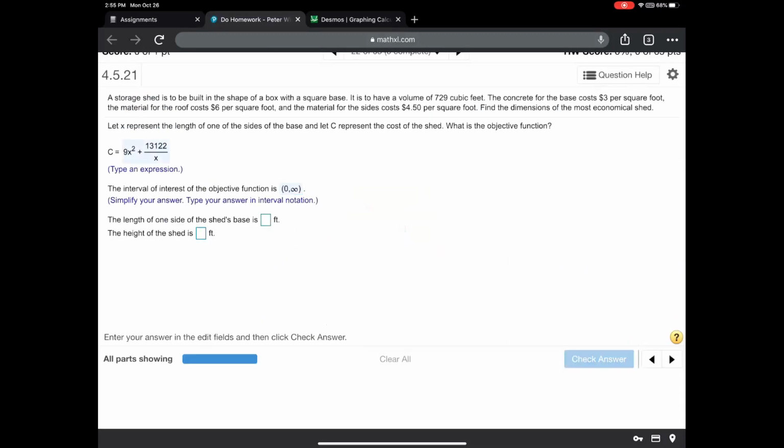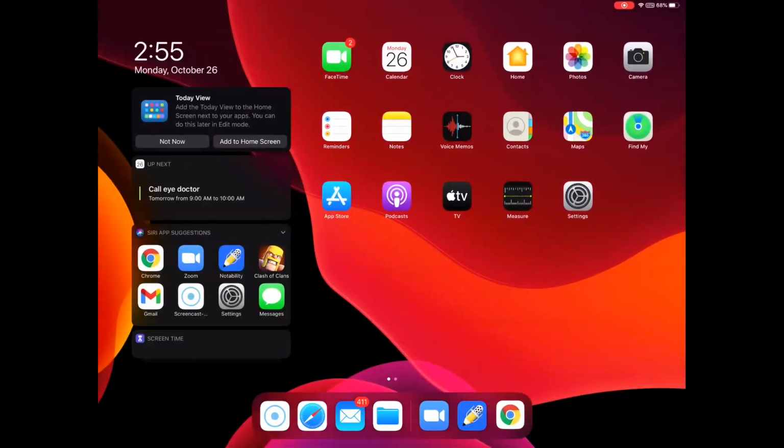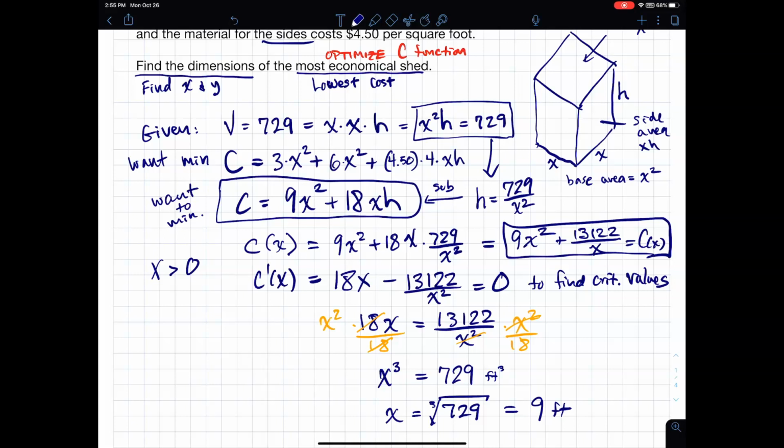I put that in. So then the length of one side of the shed's base is going to be 9 feet. And the height, I didn't get that relationship. So let's see. The height was, let's go back to my little formula. So the height is equal to 729 divided by x squared.